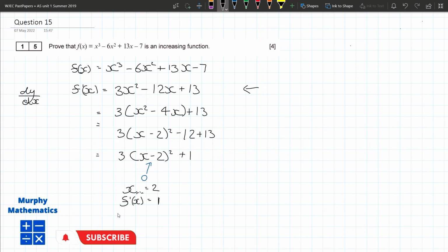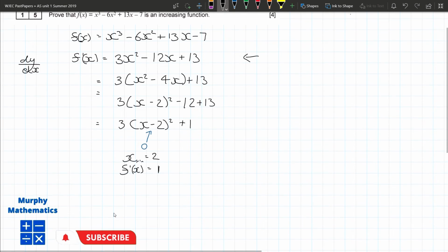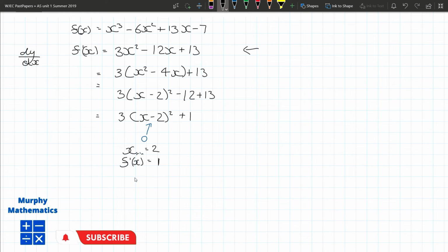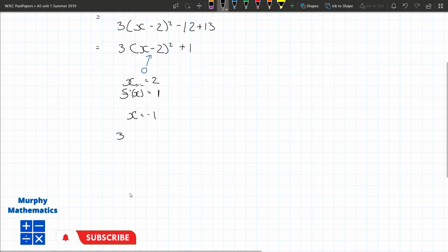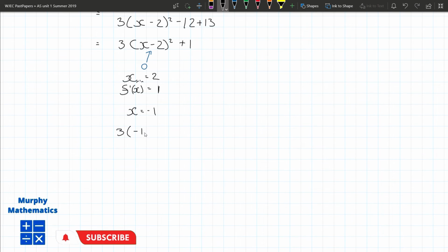Let's just quickly evaluate for a negative value, just so that we're confident on our analysis. So let's put in x equals minus 1, and so then we can have 3 lots of minus 1 minus 2 squared plus 1.